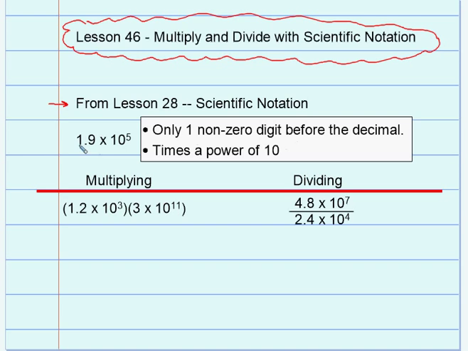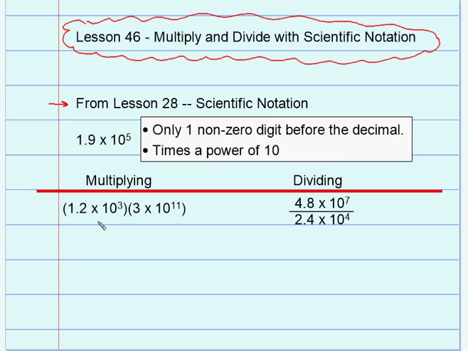Okay, so it can only be a digit from 1 through 9. And there can be as many digits following in the decimal places, that's fine. But 1 through 9 before the decimal, that's it. And it's always times the power of 10. Okay, so we can make really large numbers and really small numbers very easy to do calculations with. And so that's what we're going to learn today.